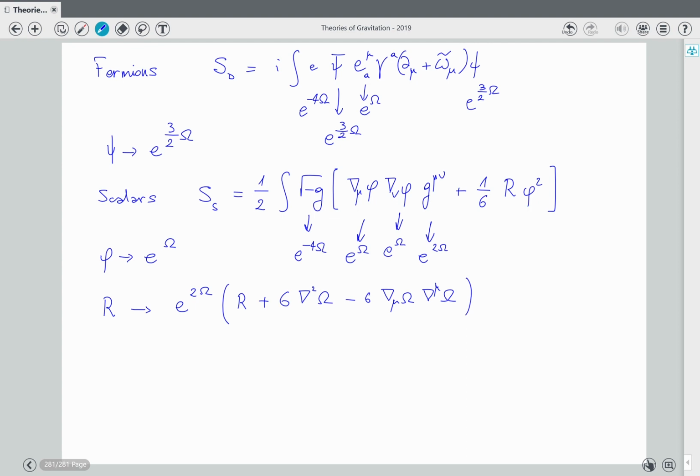If you want, this is something you can check. Actually, I would leave it, but probably it's the only exercise of the second part. So maybe this is worth doing because it's not so difficult an exercise. And then you can show that this is invariant.